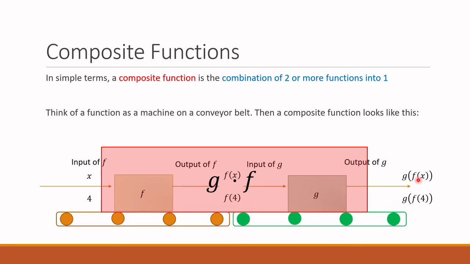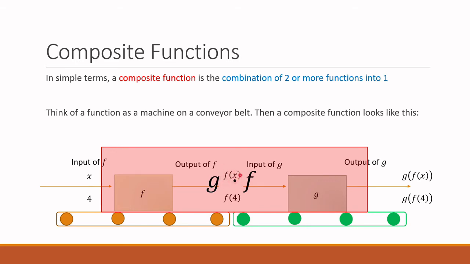So if I have X-ray eyes and look into the function, this is roughly how it looks like. If I have an input x, the input will go through the first function first. In this case f. So take note of the naming. gf means you go through f first. So if I have an input x, it goes through f, and I will get f(x) out of the first machine.